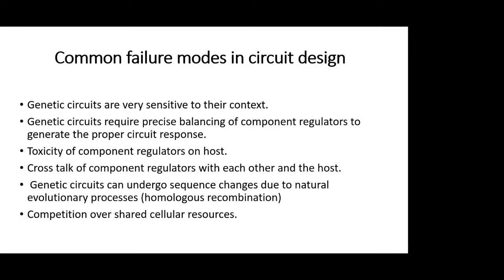And there is another mode of failure, that you could have regulators expressed at the wrong ratio. You need to balance the regulator expression to generate the proper circuit response.